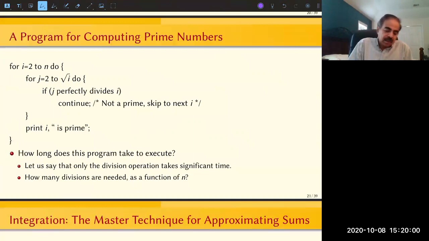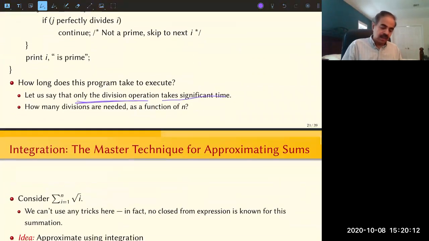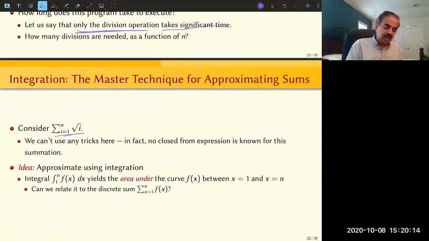Okay, so again, this slide simply summarizes what I just said. So essentially, we are counting the number of division operations, which is this summation, right? So remember that the sigma notation is simply a way of compactly representing a sequence. So we start with I equal to 1 and go to n.